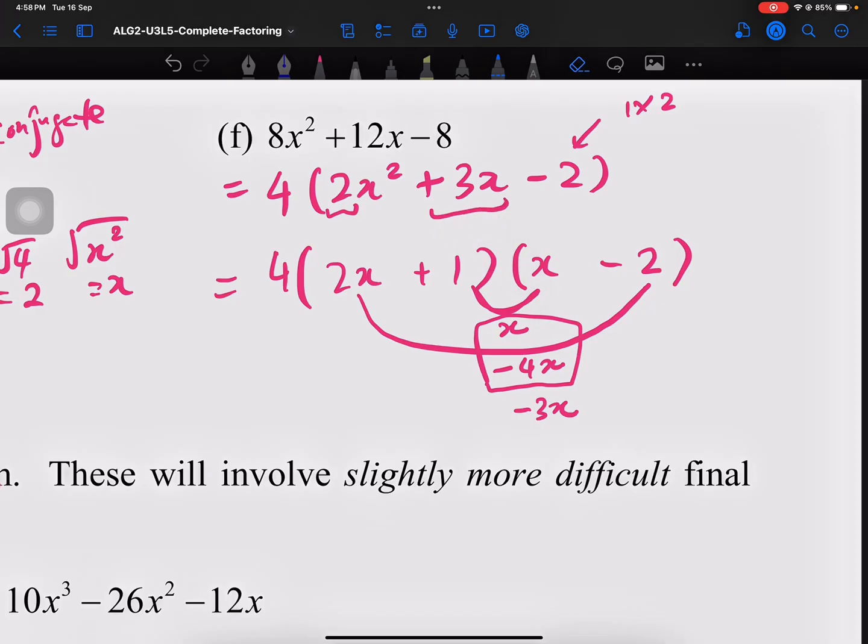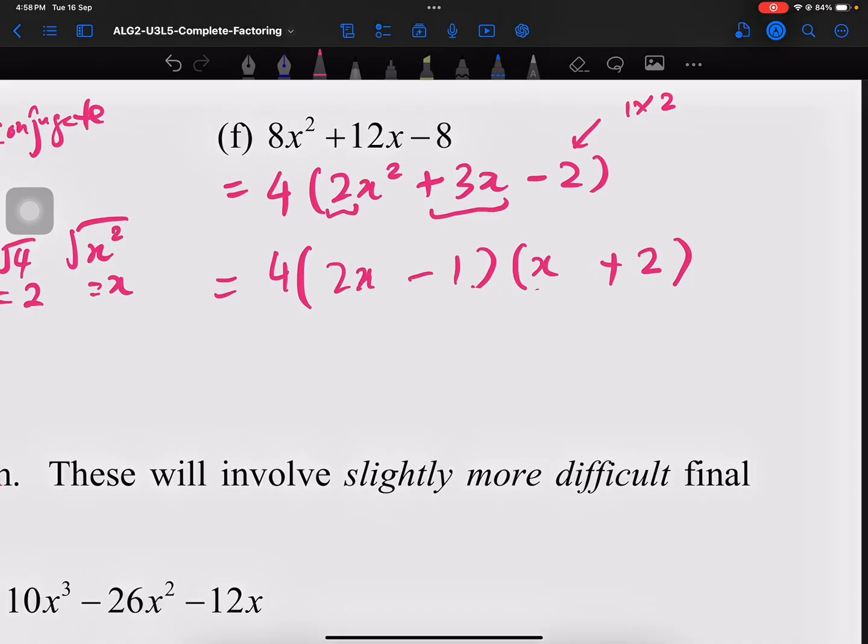So we try to switch the sign. Minus becomes plus. Minus and plus. So minus 1 times x is minus x. 2x times 2 is 4x.